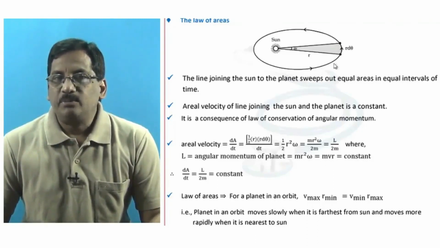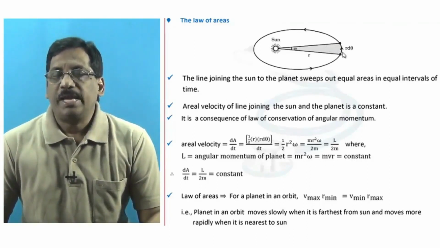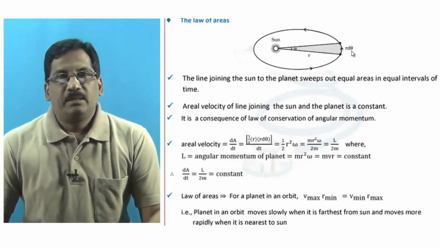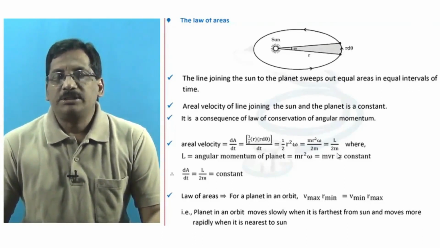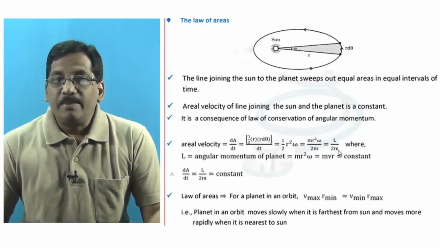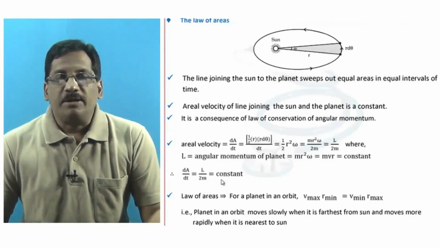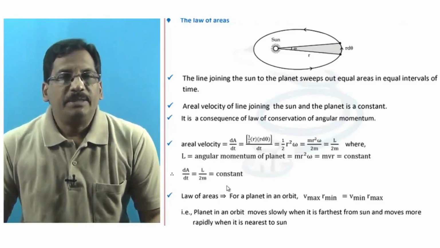Here, as the planet moves around the sun in its elliptical orbit, there is no external torque. So the angular momentum should be constant, is conserved. As L is constant, and the mass of the planet m is a constant, therefore the term L by 2m is constant. That implies areal velocity is a constant. So dA by dt equal to L by 2m is a constant.